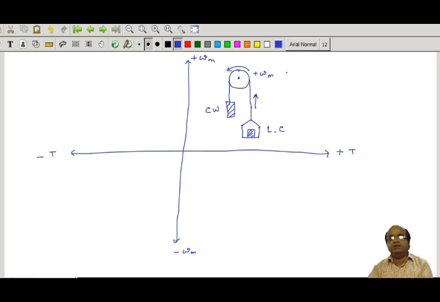Then obviously the motor torque Tm will be acting in this direction, and the load torque TL is opposing the motor torque. This is the situation in the first quadrant. This is the load torque we have applied for the first quadrant.